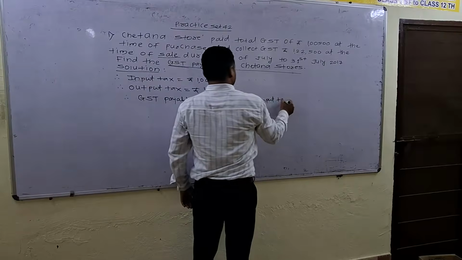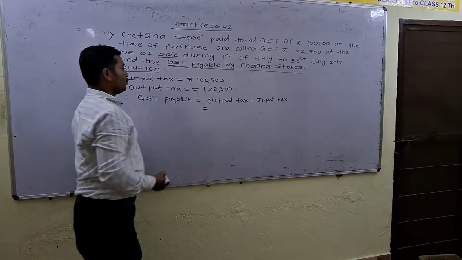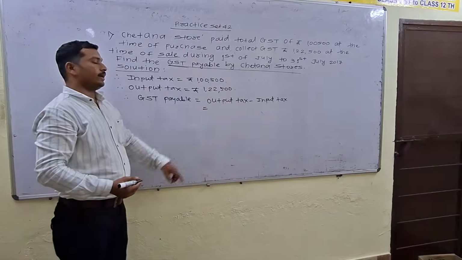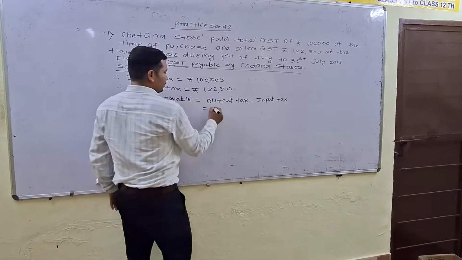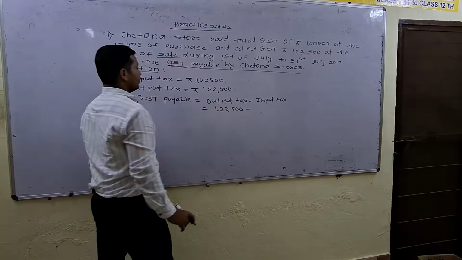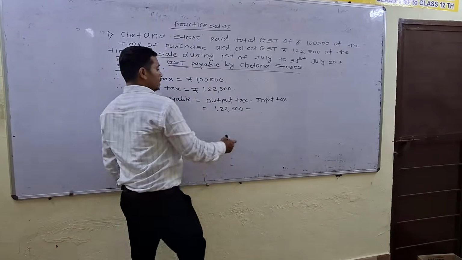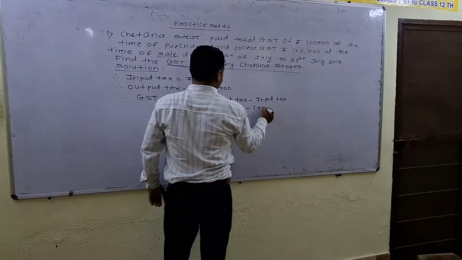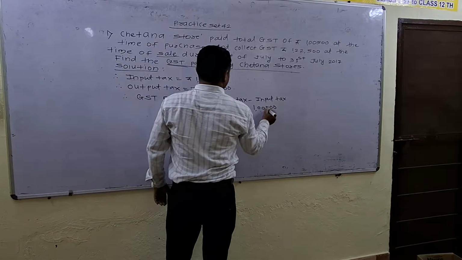Output tax is 1,22,500, and input tax is 1,05,000.